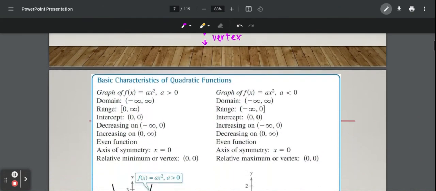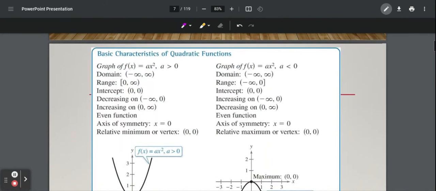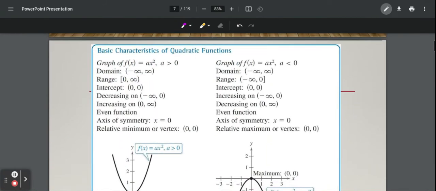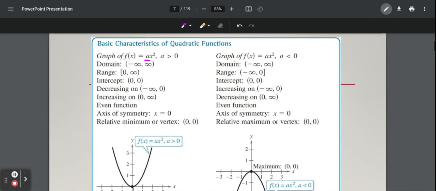So here's your basic characteristics of quadratic functions. If your a value is positive, your parabola will open up. The domain is always all reals. Oops, that was supposed to be highlighted. So your domain is always all reals.